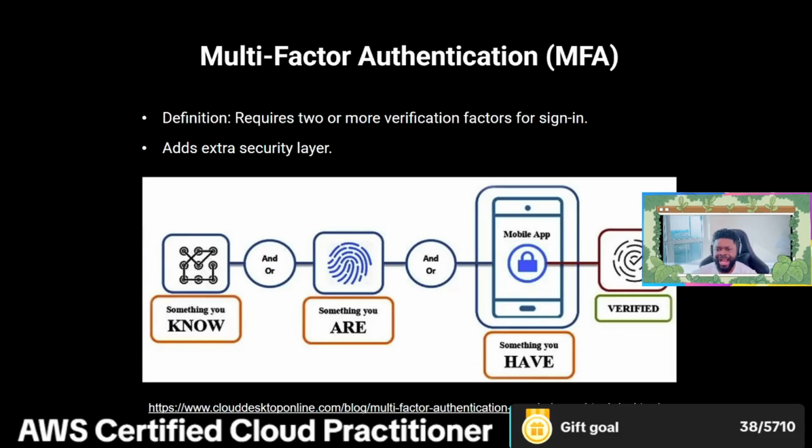And then something you have. Something you are is different from something you have. Something you have could be a mobile phone. I'm sure a lot of us do it. Like me, I have the Authenticator app, which I use for most of my apps to authenticate, and then that verifies you.